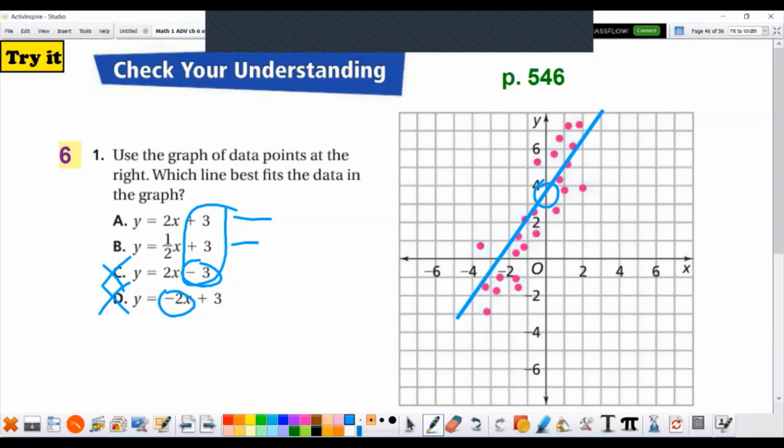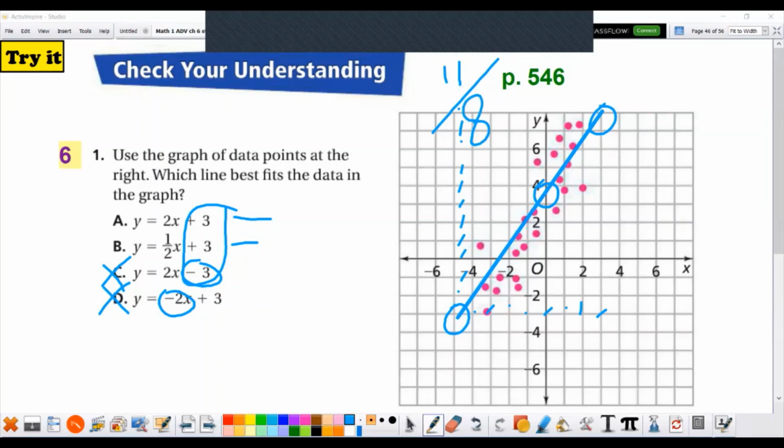Well, let's just grab a point on the graph. How about right here? And maybe I'll go right there. So I'm going to go up 1, 2, 3, 4, 5, 6, 7, 8, 9, 10, 11. From here to here is 1, 2, 3, 4, 5, 6, 7, 8. Up 11 over 8.